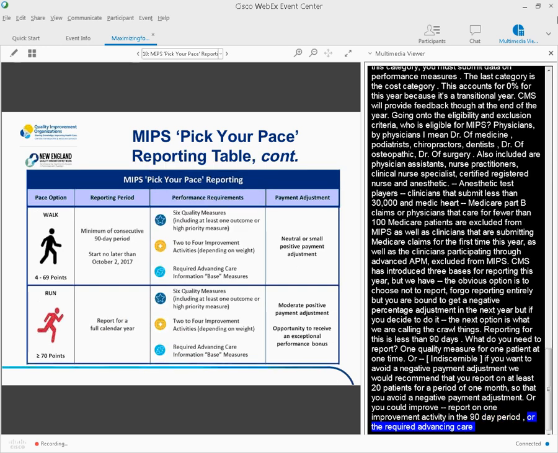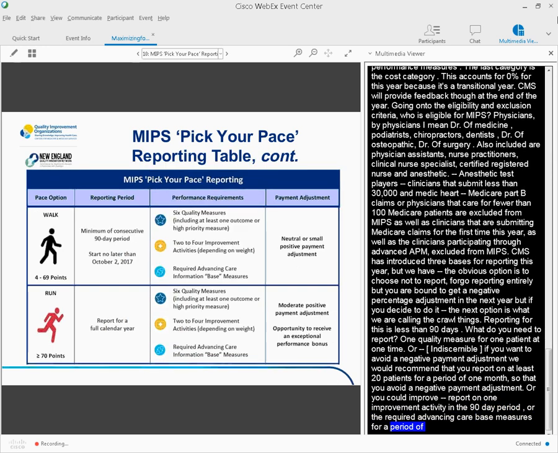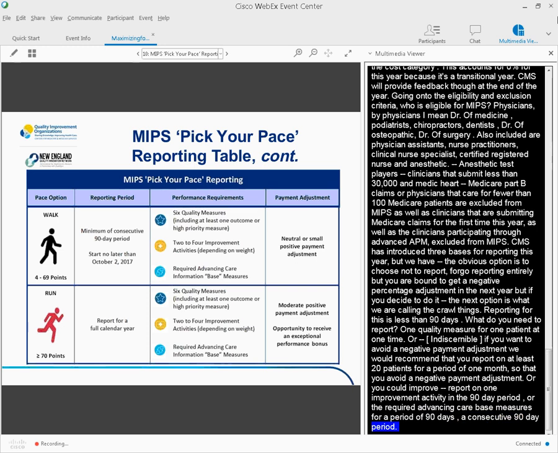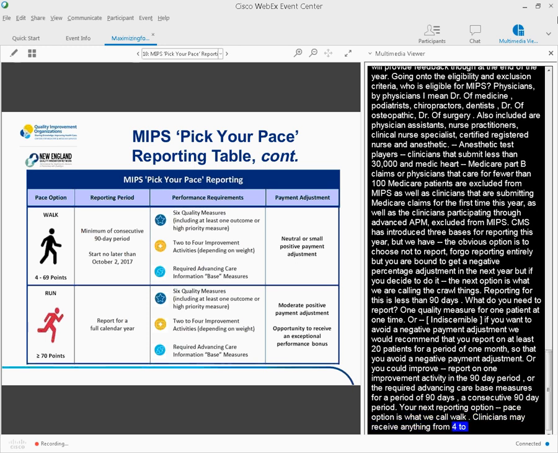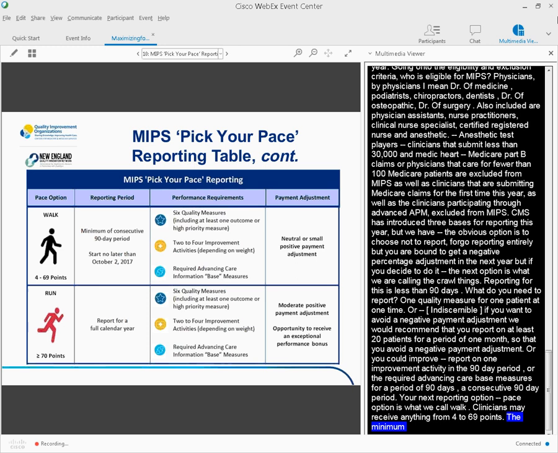Your next reporting phase option is what we are calling the walk phase. A clinician may receive anything between 4.4 to 69 points. The minimum reporting period required for this phase is a consecutive 90-day period.